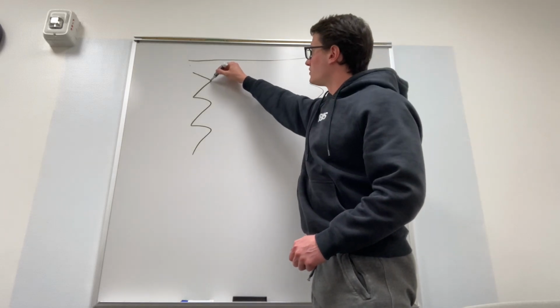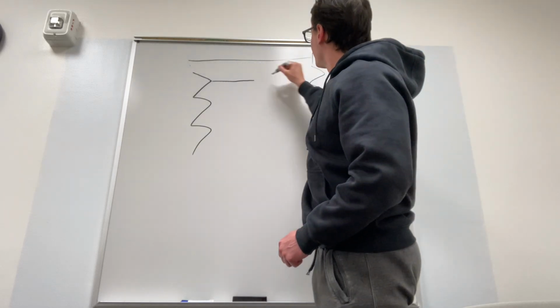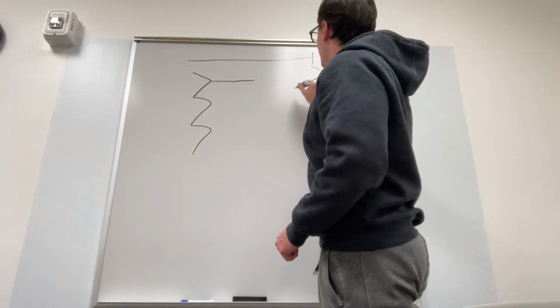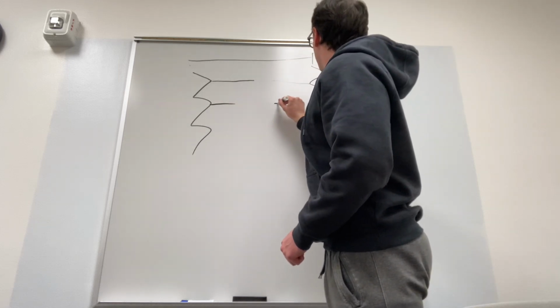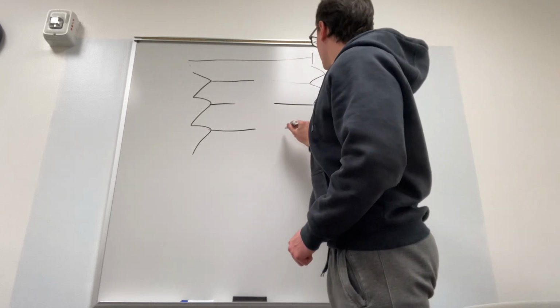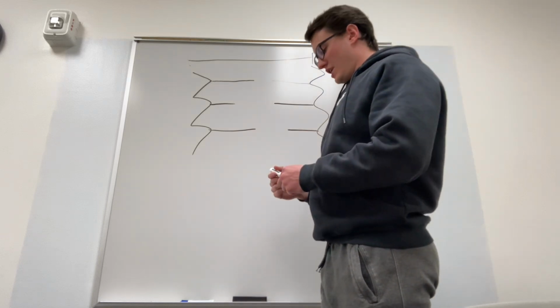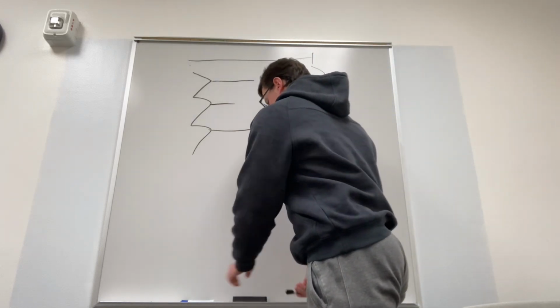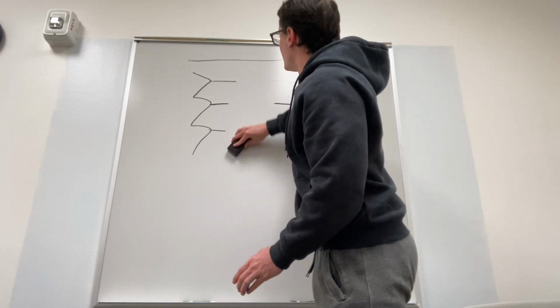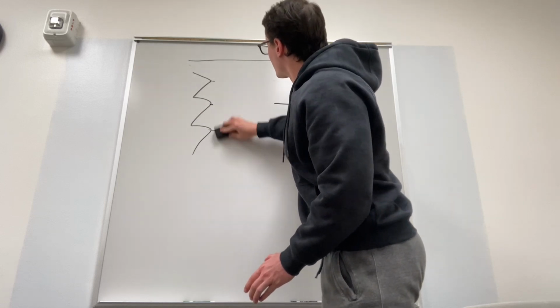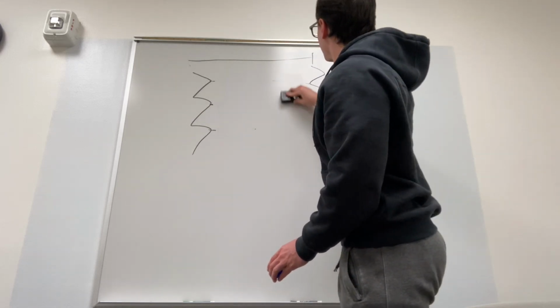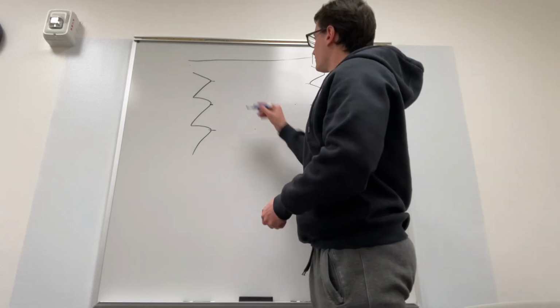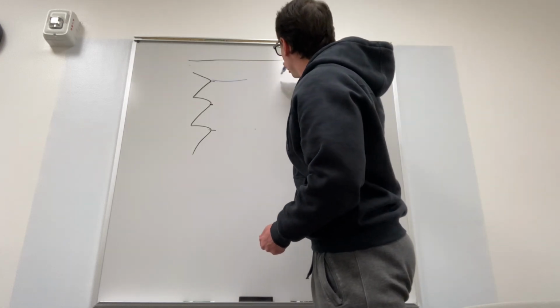Then we have our thin filaments, or actin filaments. Actually, draw those in a different color. So here's our actin filaments.